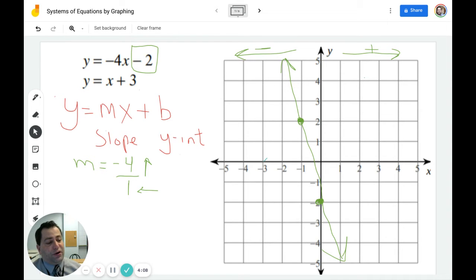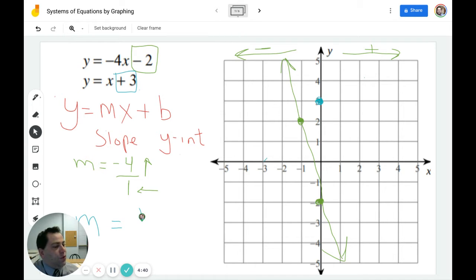Let's try the other line. y equals x plus 3. Well, I start with the y-intercept. I have a positive 3. And I can put a dot at positive 3. And I'm going to have a slope of 1.